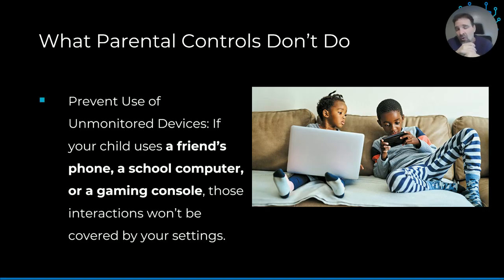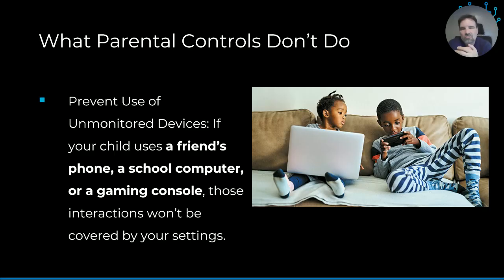Unmonitored devices. So if your child uses someone else's device or a school computer, you will not have any control over that, right? Unless you install Family Link on those devices and you force your child to use her account on those devices, which is very hard to do if she's in someone else's home or if she's at school, right? Usually schools have a lot of safeguards and network level blocks, and they won't allow these types of apps.